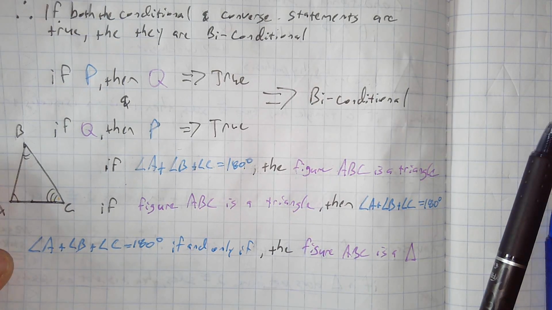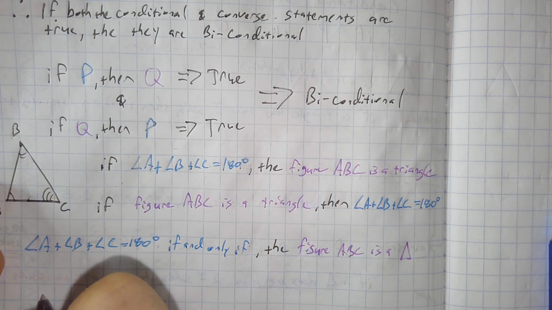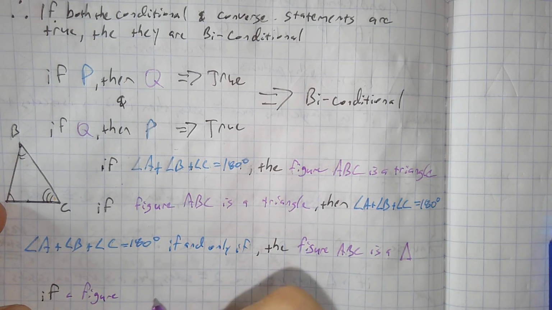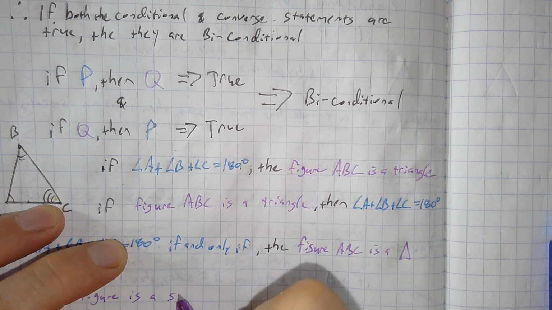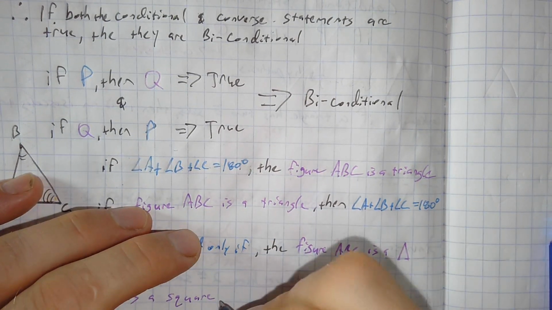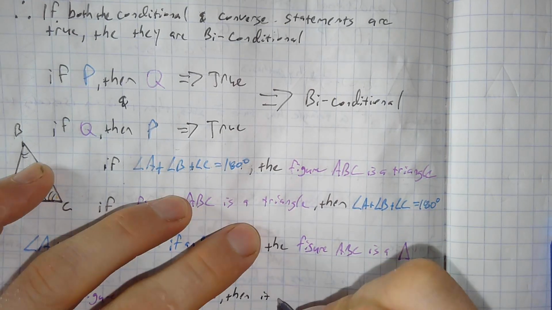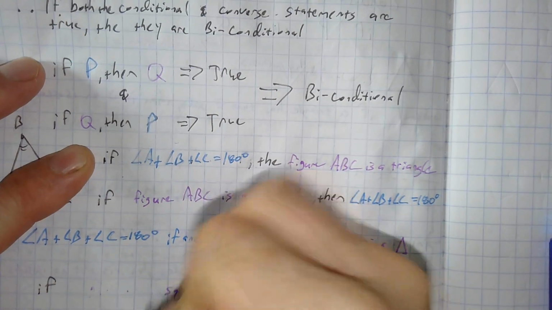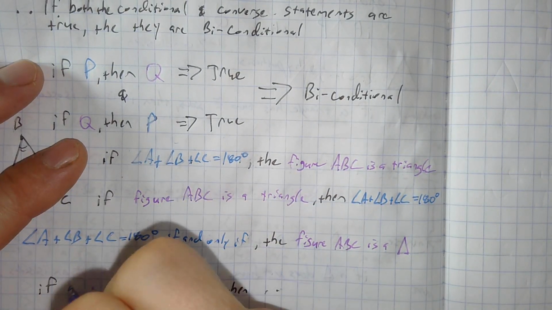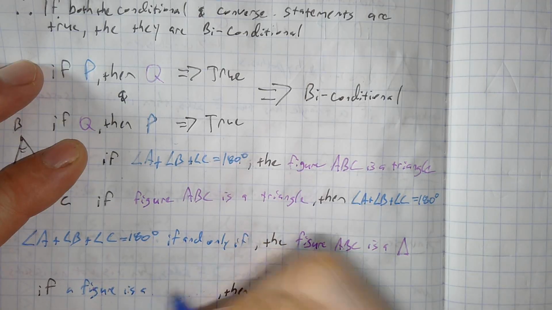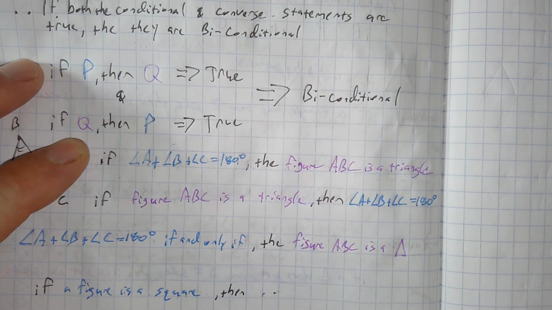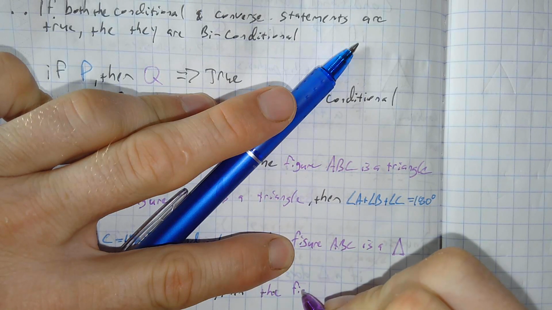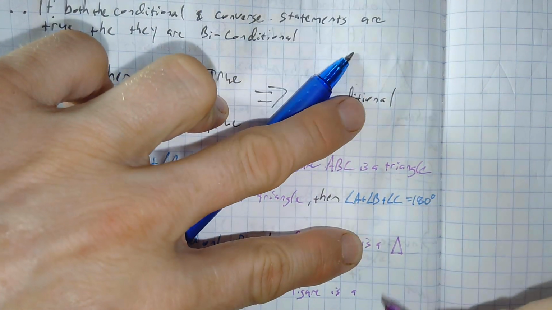So say for instance I have, if a figure is a square, then the figure is a rectangle.